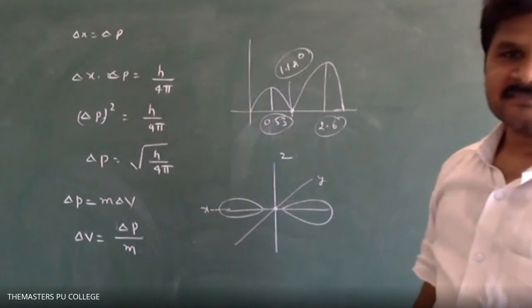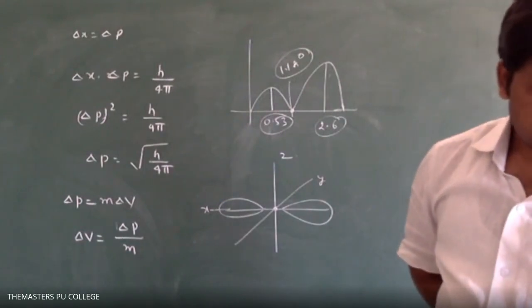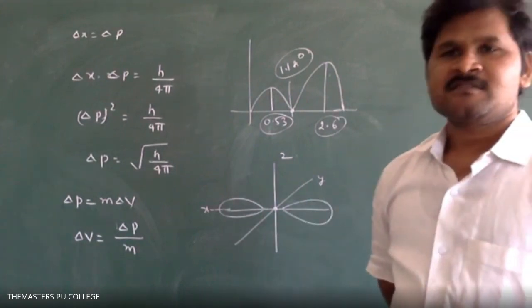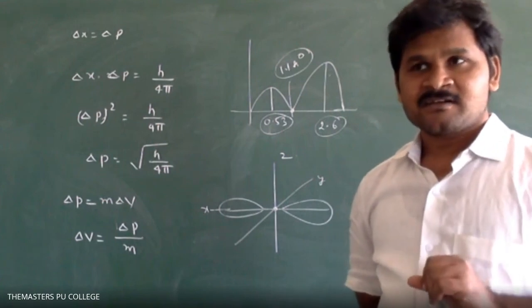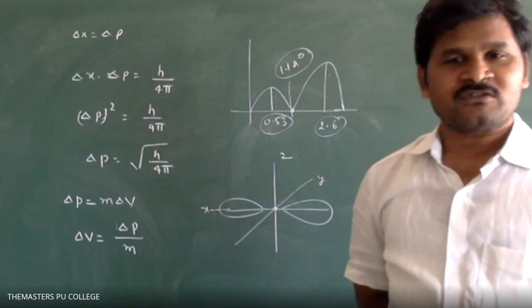That is the answer. Only for the 2s orbital do we have these values. Some students asked about the 3s orbital; I told you the values increase, but it is not mentioned in the book.